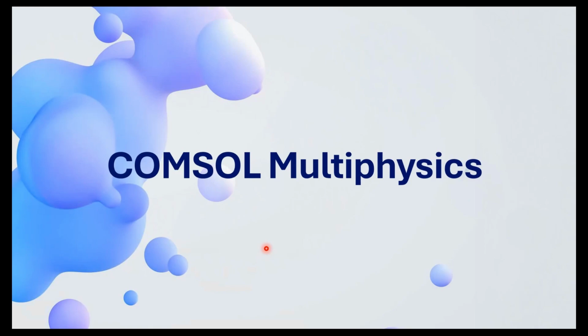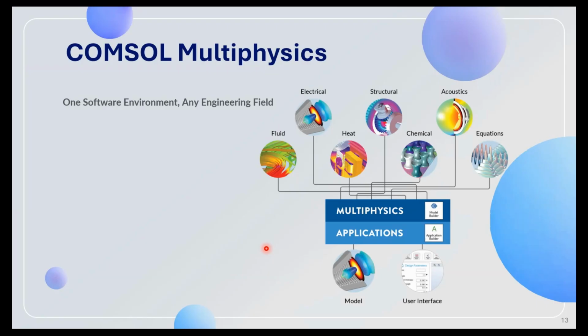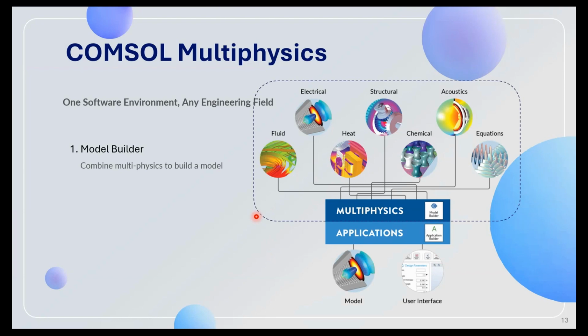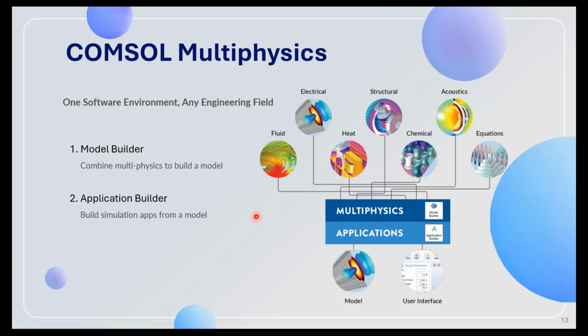Now I want to introduce you to COMSOL Multiphysics, which is very famous software. It is one software environment for any engineering field. We can use the Model Builder workspace to combine different physics to describe our phenomena. Everything can be done in Model Builder, from building the geometry to seeing the results and optimization. The next workspace is Application Builder.